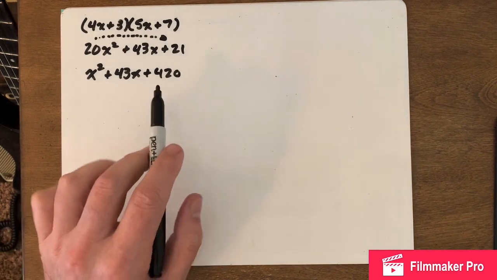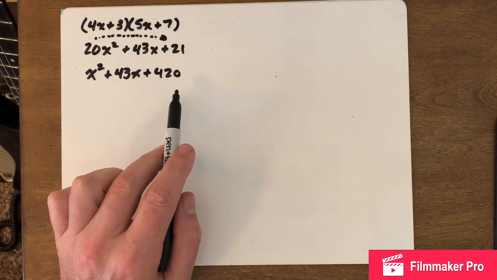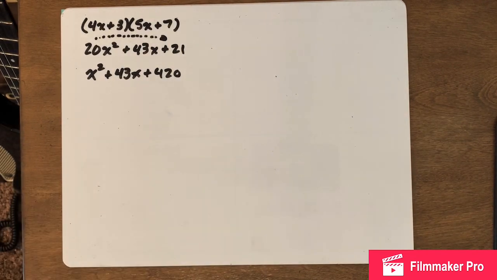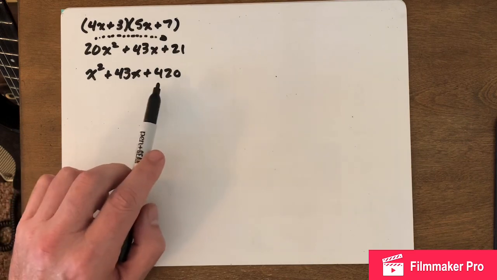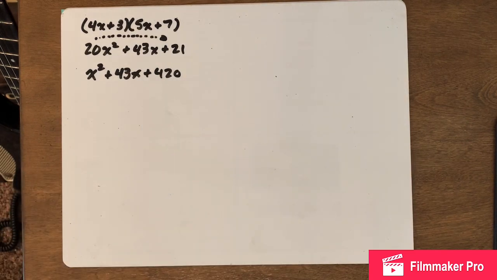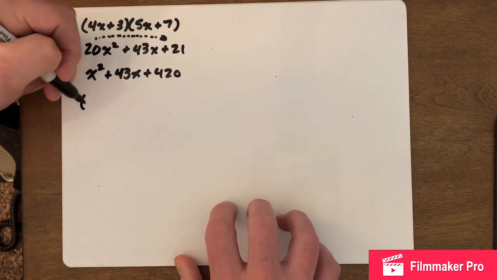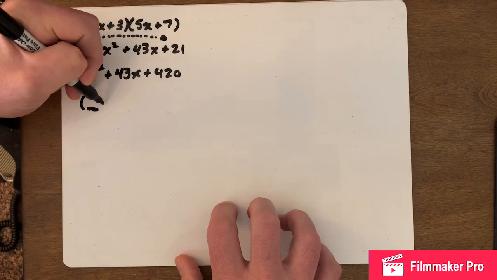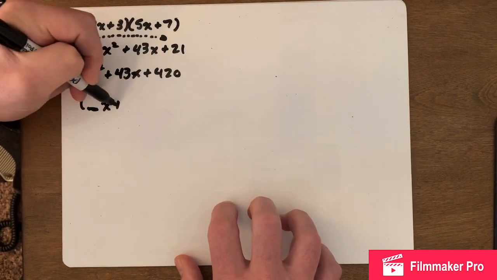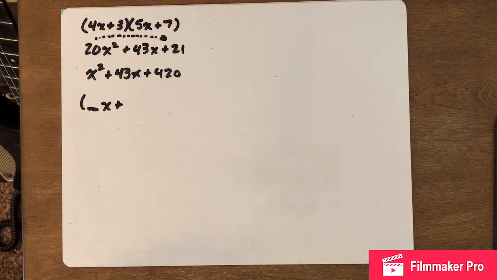So we're going to have to figure out what two numbers multiply to give 420, and the sum is 43. And again, you might have to sit there for a while until you figure out the two numbers, because 420 has a lot of different factors. However, we can partition those factors into two groups. And I'm going to go ahead and tell you what they are, just to save a little bit of time. They are going to be 28 and 15.